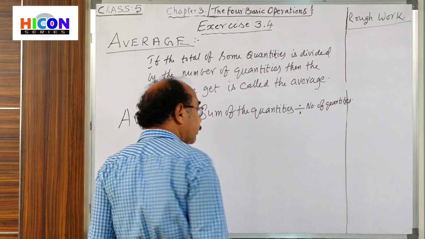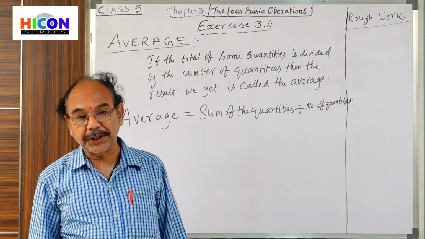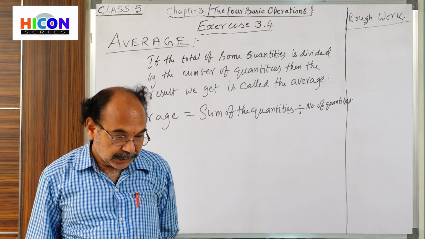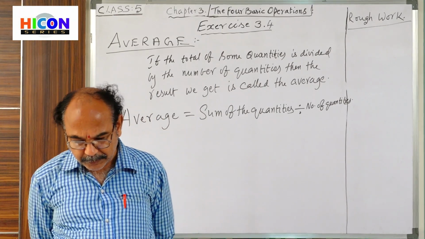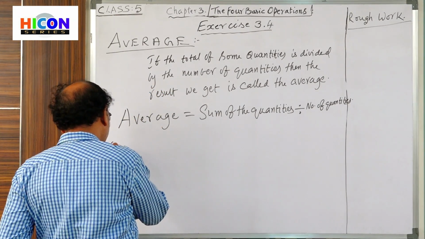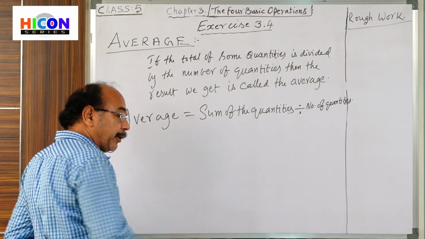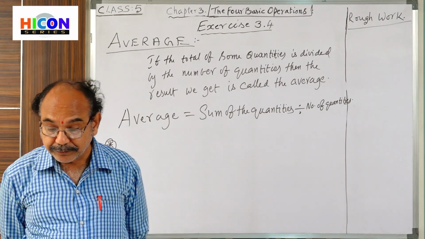Okay, children. That is the general statement to find the average: sum of the quantities by number of quantities. And one more important point you can note down. The star part. What is that point you see?